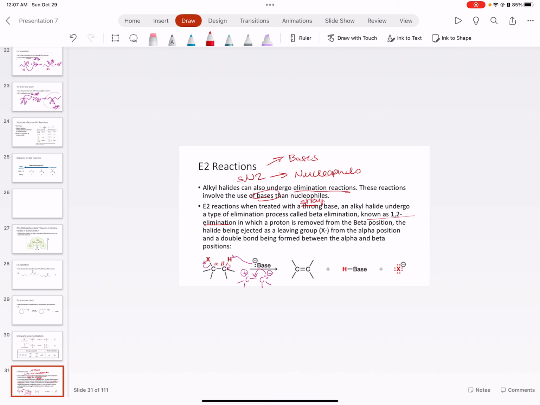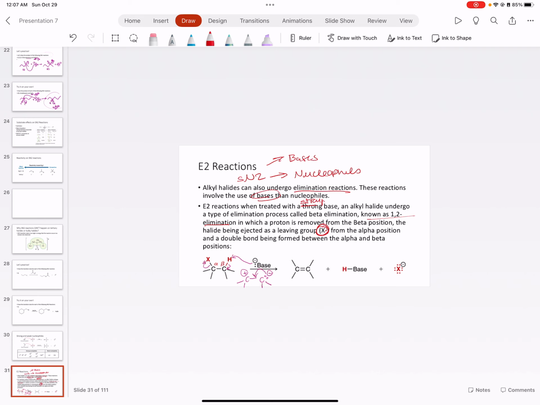Last class we learned what alpha and beta positions are, and the halide is ejected as the leaving group X. Alkyl halides are normally represented as X, the halide: chlorine, bromine, or iodine, from the alpha position, and a double bond is formed between the alpha and the beta positions.